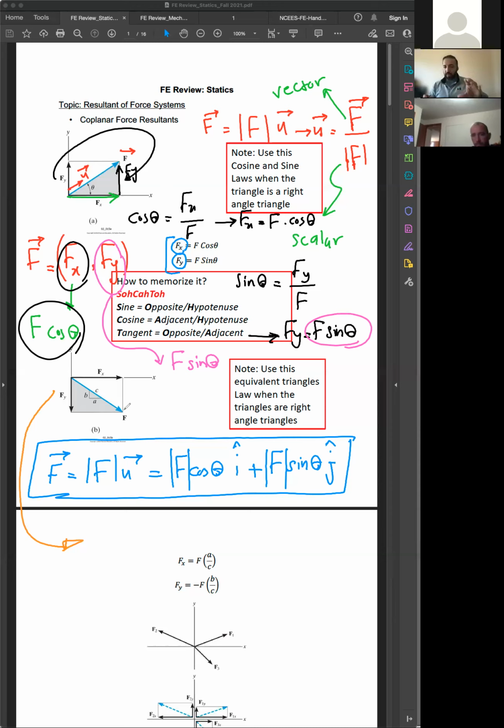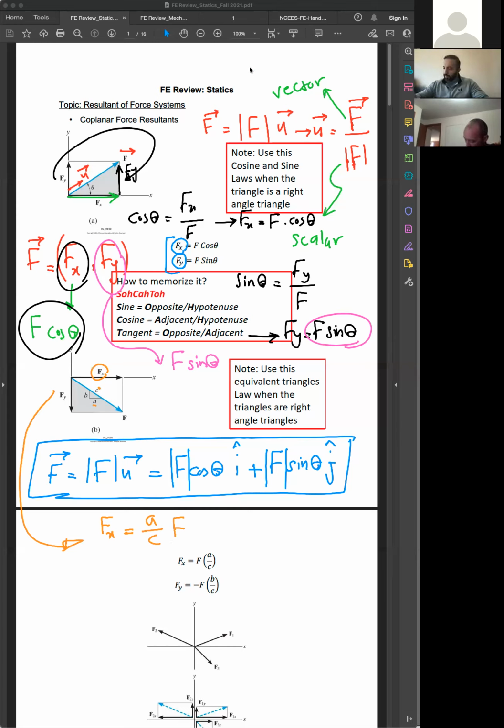So if you ever deal with these, if you want to find the Fx, the horizontal component, and you are given this triangle, it is very easy. If I'm looking for the horizontal one, I'm going to select the horizontal side of the triangle over the hypotenuse, times F. This would be your Fx.